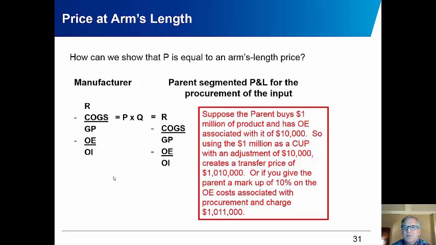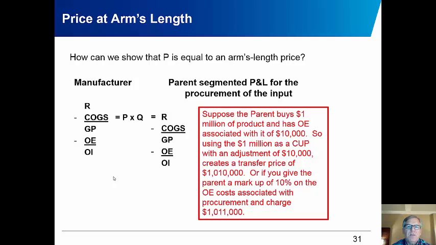Using the $1 million as a CUP alone, that's a pretty good price. If you could make the adjustment to add on the extra $10,000, that would create a transfer price of $1,010,000, which again is a pretty small percentage deviation from the original price. So that's another really good estimate of what the market price might be.